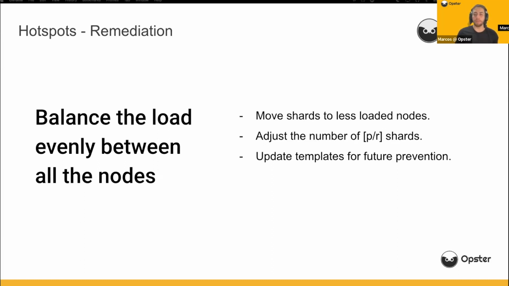Like in my example, the root cause was having too many primary shards in just one node. So in this case, the solution would not be to add more primary shards, but to decrease the number of primary shards.